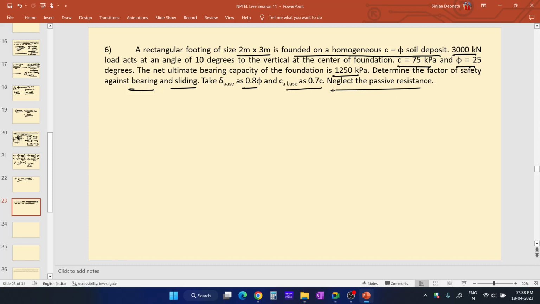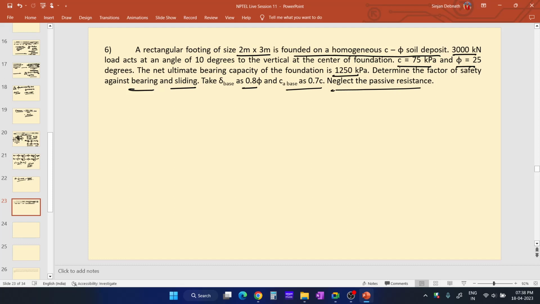So in this particular case, a rectangular footing of size 2 meter by 3 meter is founded on a homogeneous c-phi soil deposit. 3000 kilonewton load acts at an angle of 10 degrees to the vertical at the center of the foundation. The load is inclined, so it will have two components, horizontal and vertical.